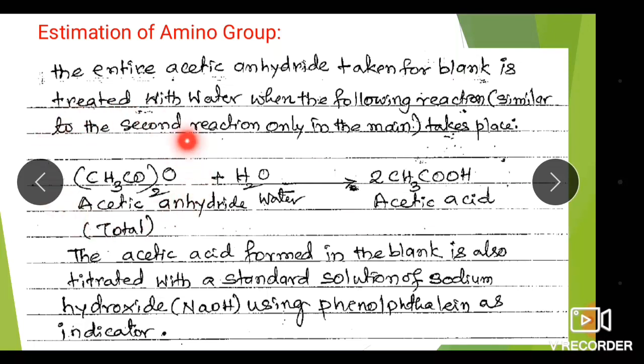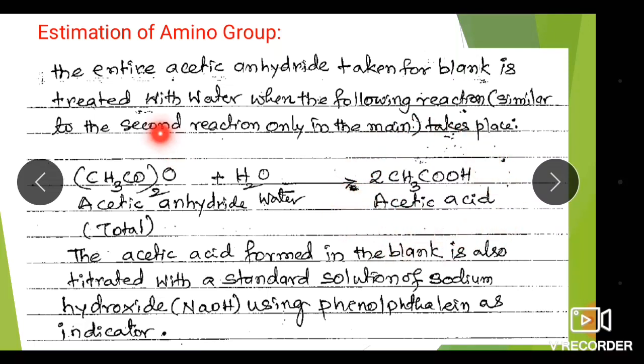So whatever amount of acetic anhydride is taken, a similar amount of acetic acid is formed.